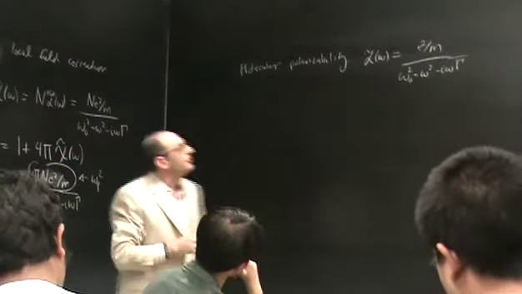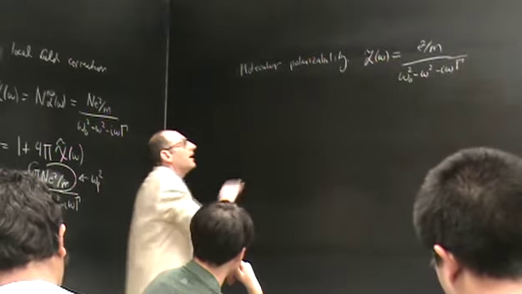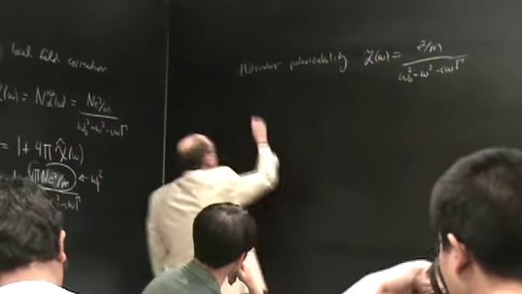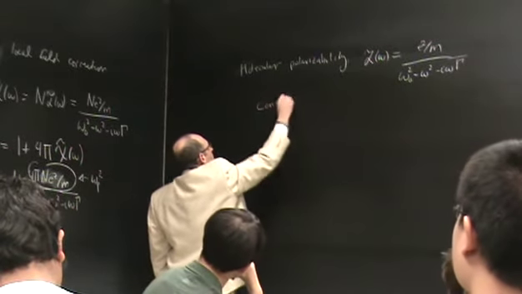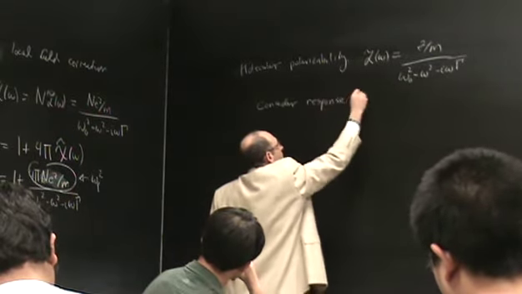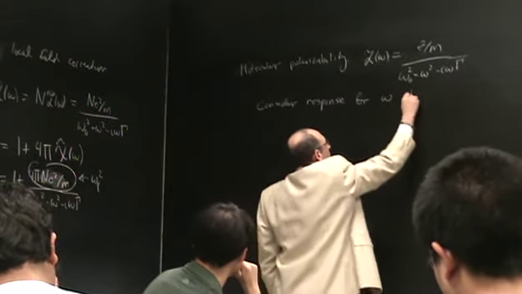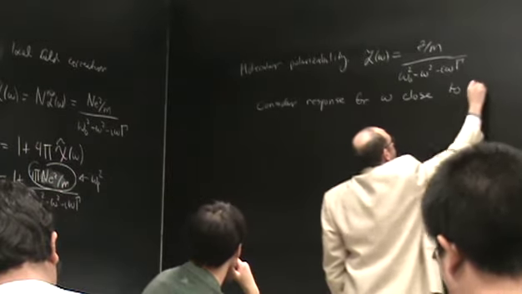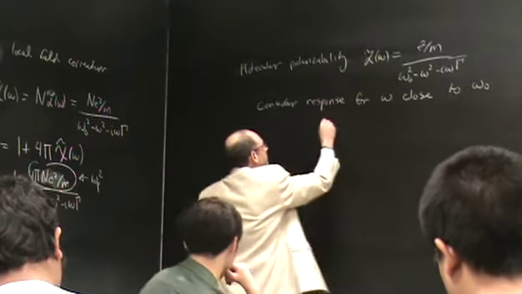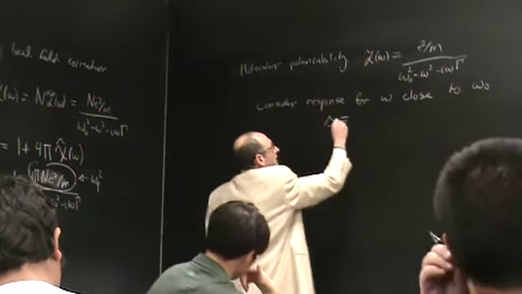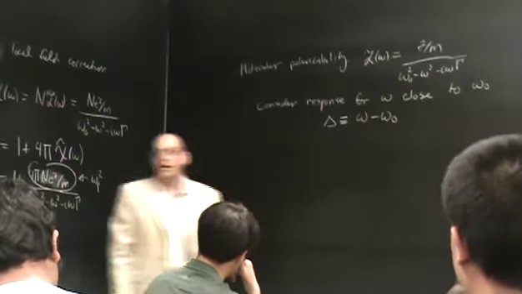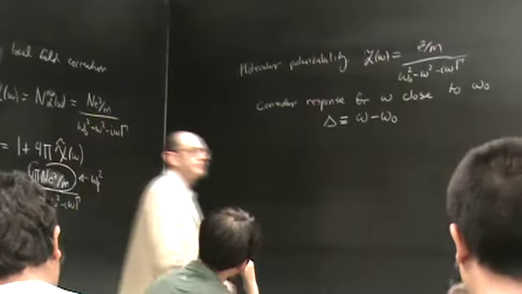All right. So let's look at this near the resonance. Let's consider the response for omega close to omega naught. So let's define delta as the difference between the applied frequency and the resonance frequency.